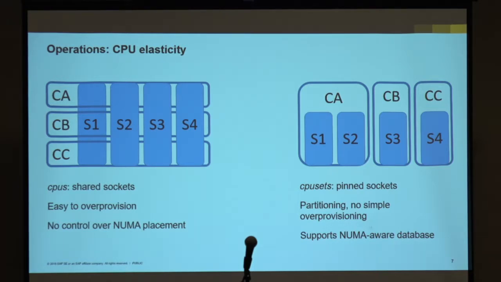In this case, maybe it makes sense to over-provision the CPUs, and it's possible very easily. But of course, you lose the control about NUMA placement. Like, you cannot control which socket or which hardware thread the container runs on.